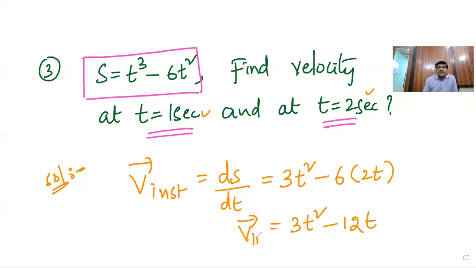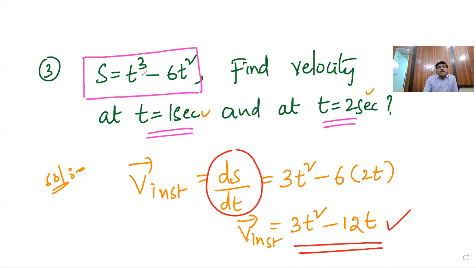V instantaneous is ds by dt. t cube differentiates to 3t square, minus 6 into t square whose differentiation is 2t. So completely 3t square minus 12t. Here, V instantaneous is 3t square minus 12t. Now, at what time does he require?